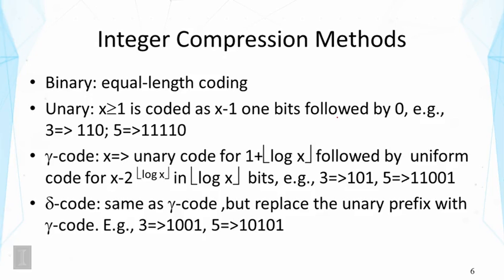The unary coding is a variable length encoding method. In this case, an integer that's at least 1 would be encoded as x minus 1 ones followed by 0. So for example, 3 would be encoded as 2 ones followed by 0, whereas 5 would be encoded as 4 ones followed by 0, etc. So now you can imagine how many bits we have to use for a large number like 100.